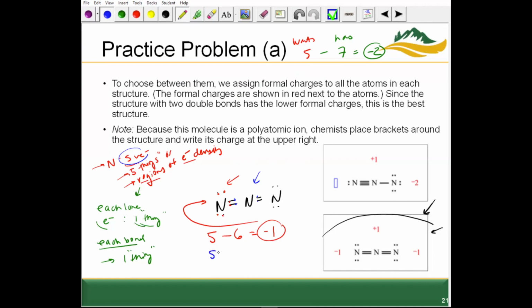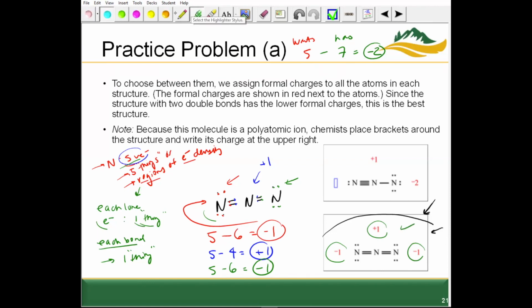It wants 5, but it has 4. Its formal charge then is +1. The nitrogen on the end here is the same as this one, 1 through 6. It wants 5 from its 5 valence electrons, but it has 6, so -1. So -1, +1, and -1, those are the formal charges on this structure.